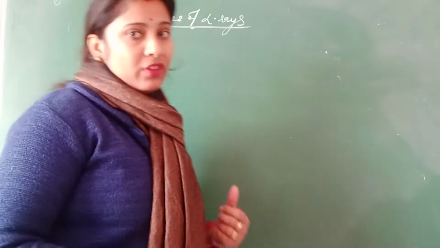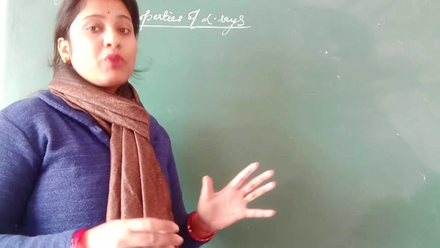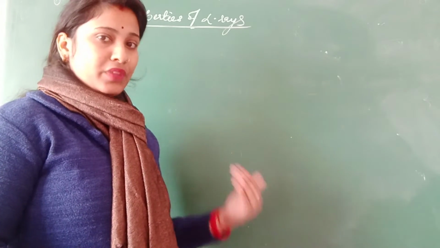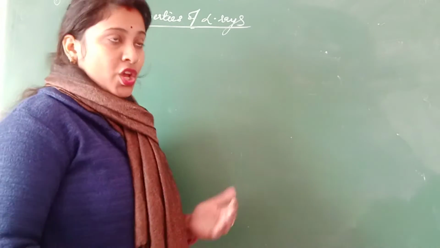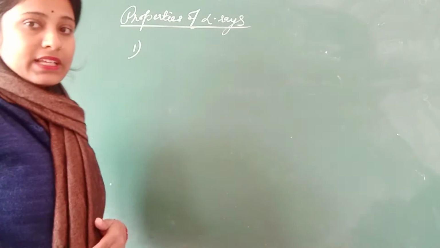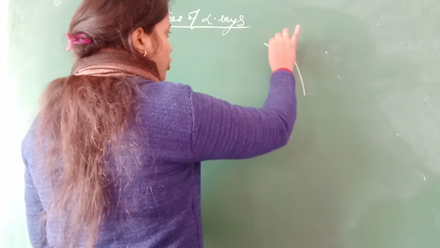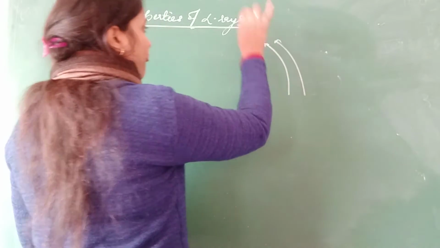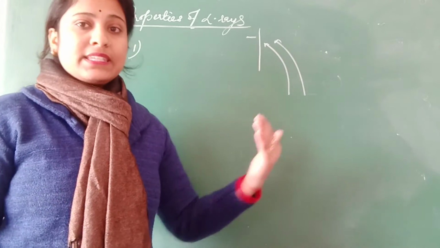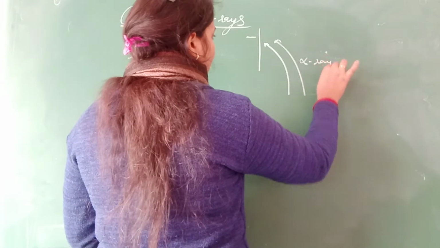So the first topic of today is the properties of alpha rays. What are the properties of alpha rays which are emitted in the process of radioactivity? From the experiment of Rutherford, it was clear that alpha rays were attracted towards the negative field, and from there we concluded that alpha rays are positive in nature.